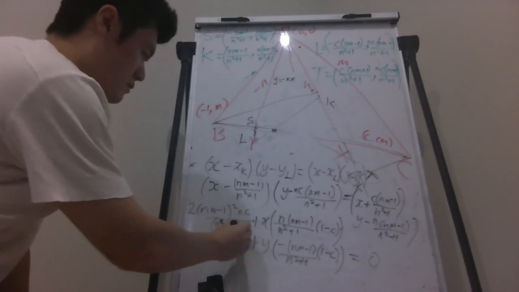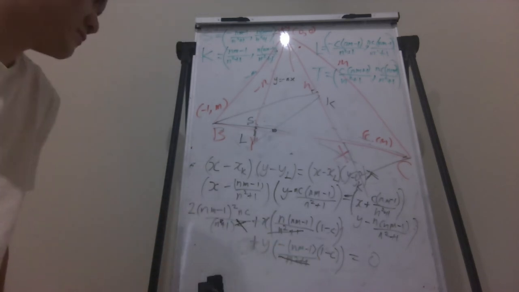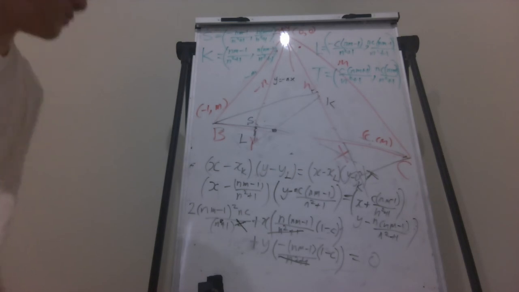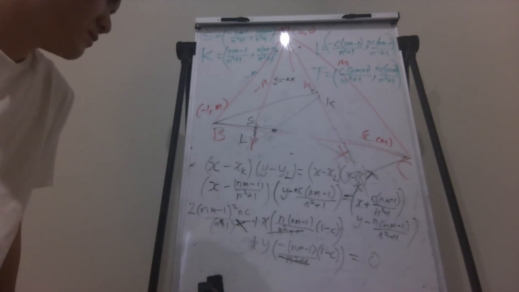Get rid of that, get rid of that, get rid of that, yeah? And so then we see the slope should be that divided by the negative of that, yeah? Which is n. That doesn't seem right.